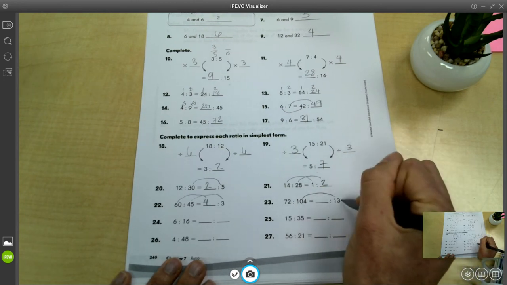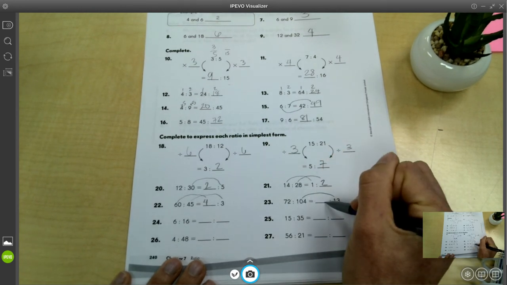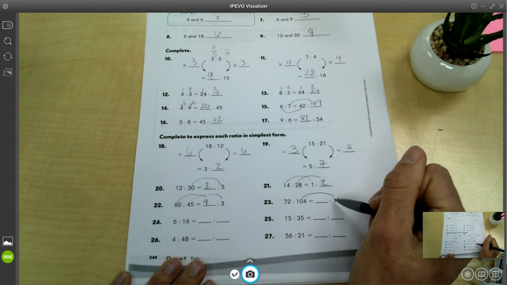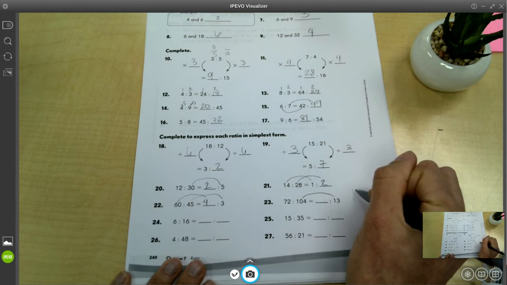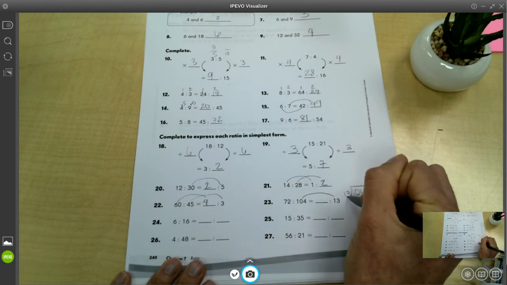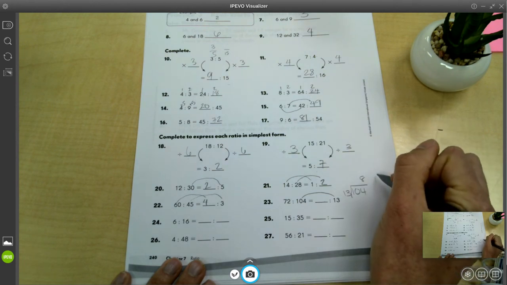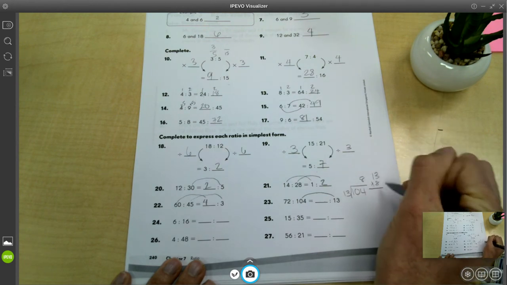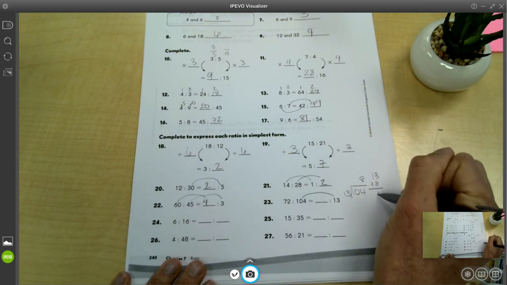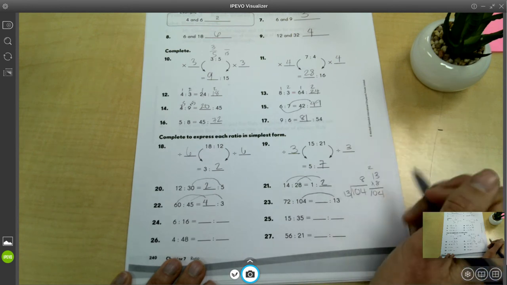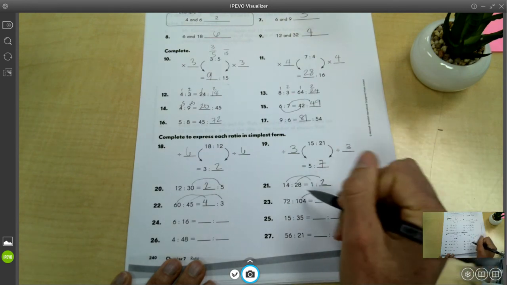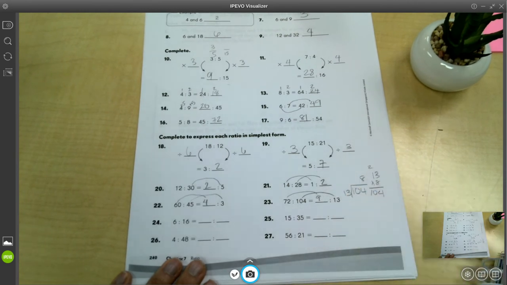It is 8. 104 divided by 13 goes in 8 times. 8 times 13? Does that sound right? 13 times 8. You guys are probably sitting there like, Ms. Brewster, you should know this. But even I have to check this. Yep, 8 is going to give me 104. So times 8. 72 divided by 8 gives me 9.